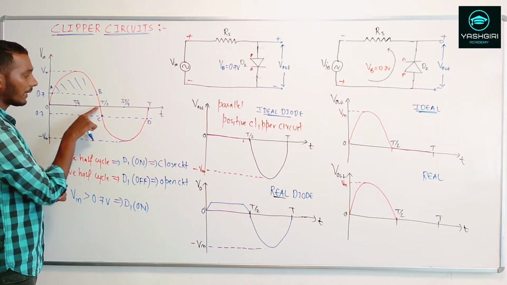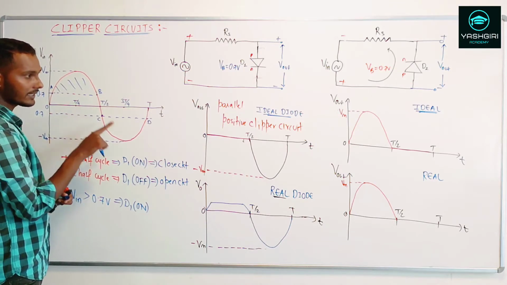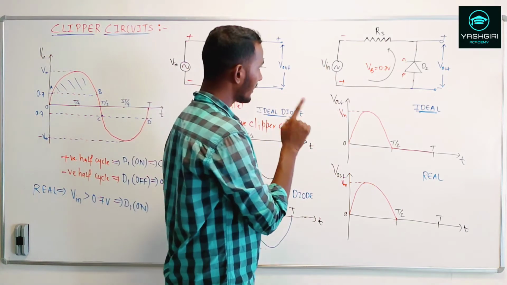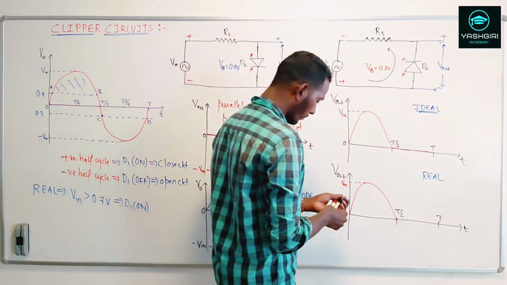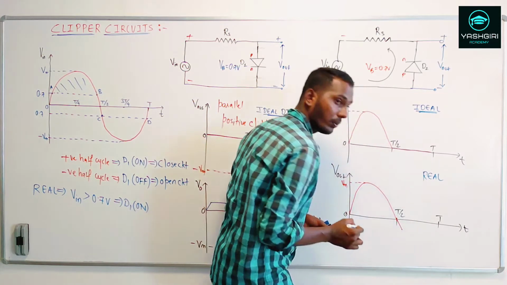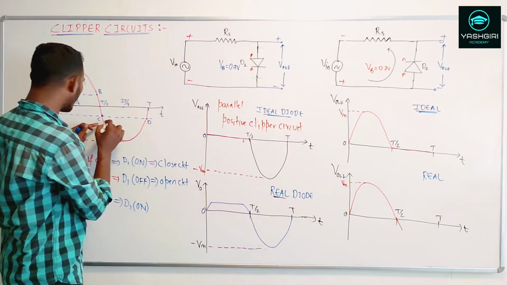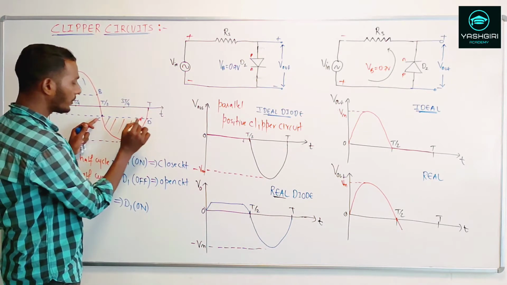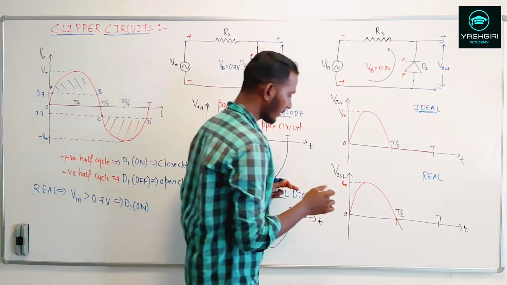Now from this T by 2 till this point C, you will see that the diode is still in the reverse bias mode. So in that case, the output follows the input. So up till that point, you will get the output. Whereas once it crosses this C region, that is from C to D, the diode D2 will always be forward biased.